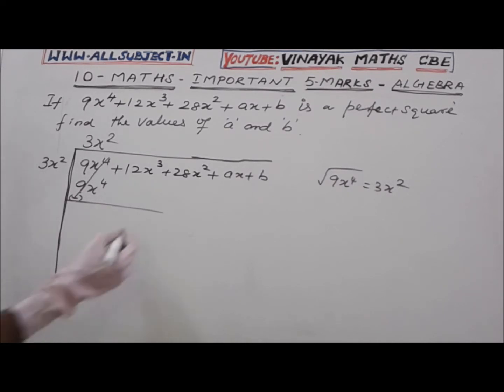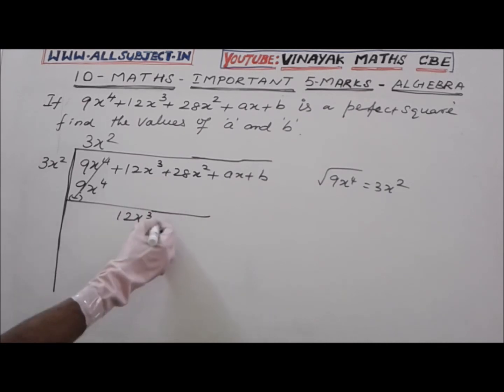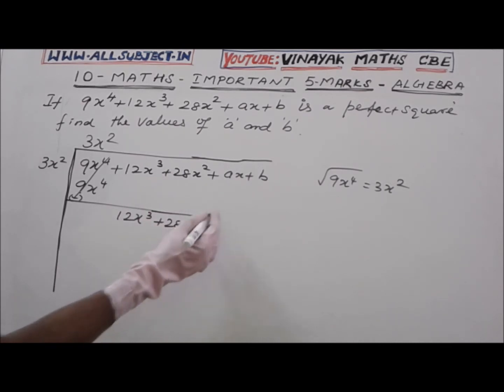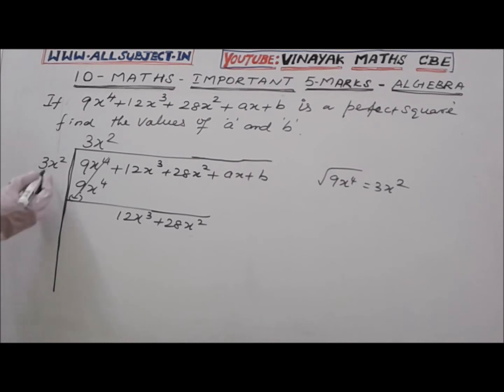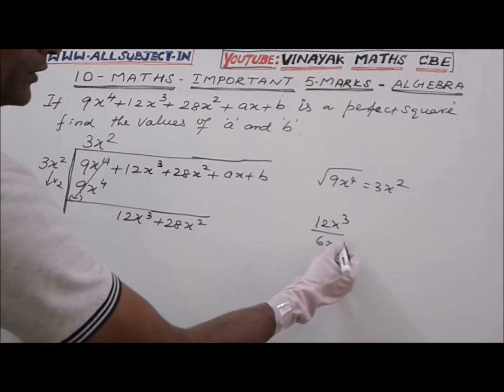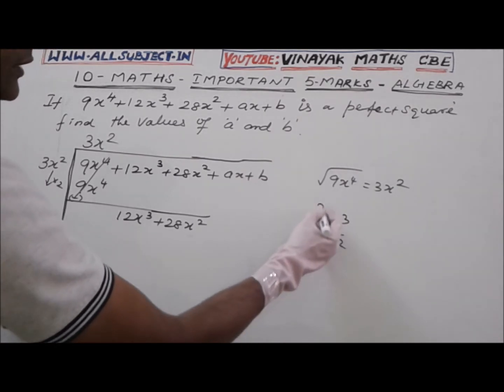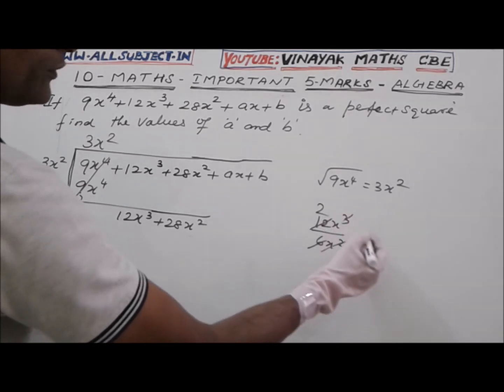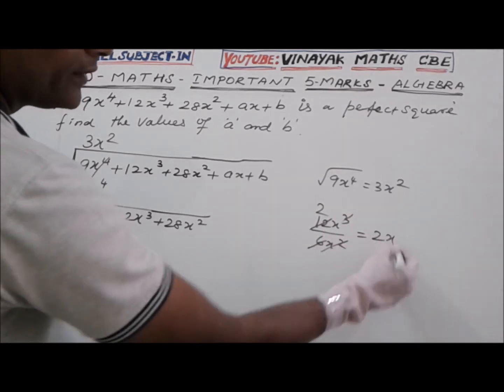So the remaining are the two terms 12x cube and plus 28x square. Here multiply it by 2, we will get 6x square, and then divide 12x cube by 6x square. 12x cube divided by 6x square. 6 twos are 12, and x square for x cube is x, equal to 2x.